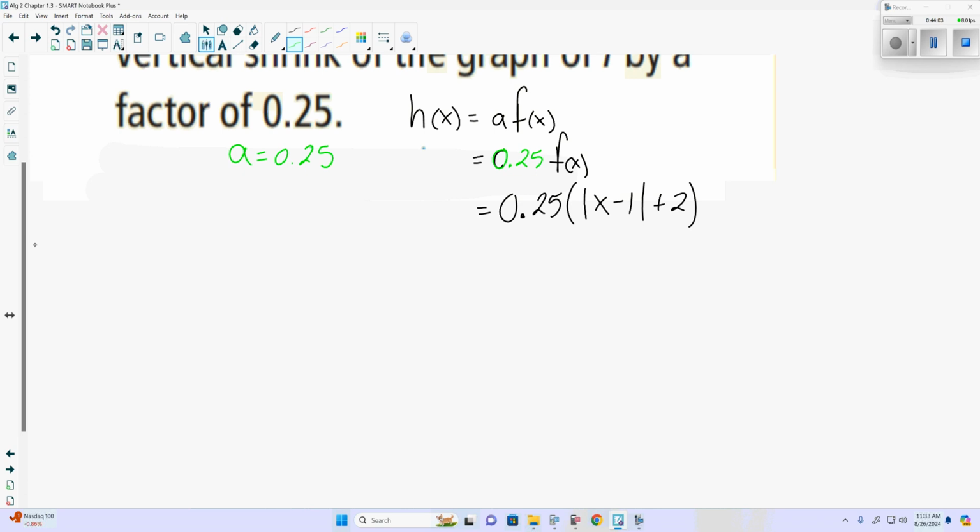Now the last thing we need to do before we finish this up is distribute the 0.25. For our absolute value, it really doesn't do much because there's not a number in front of the absolute value besides 1, and 1 times 0.25 is just 0.25 times our x minus 1.